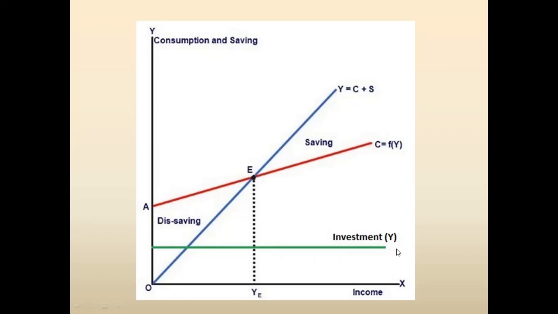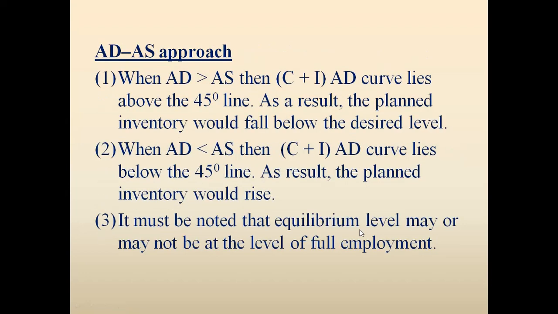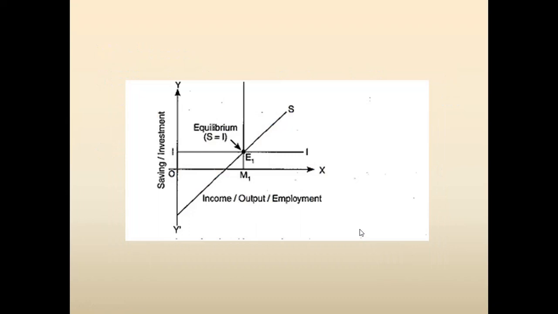I have explained that part in the previous video, that is video number 2. Okay, autonomous investment. Then here, when your S is equal to I, then it will be in the equilibrium situation. Okay, so when your S is equal to I, then that situation is your equilibrium.